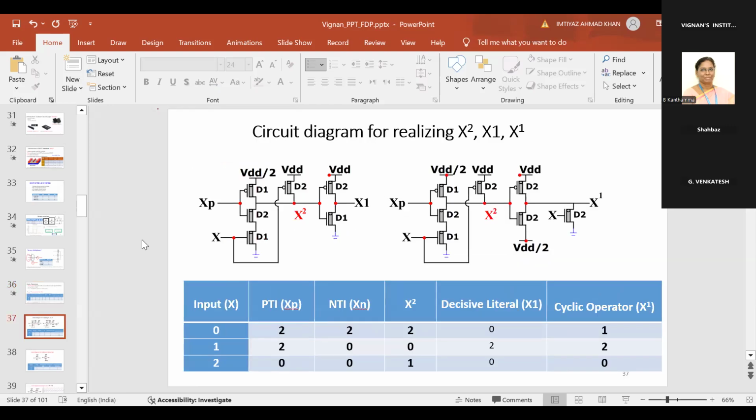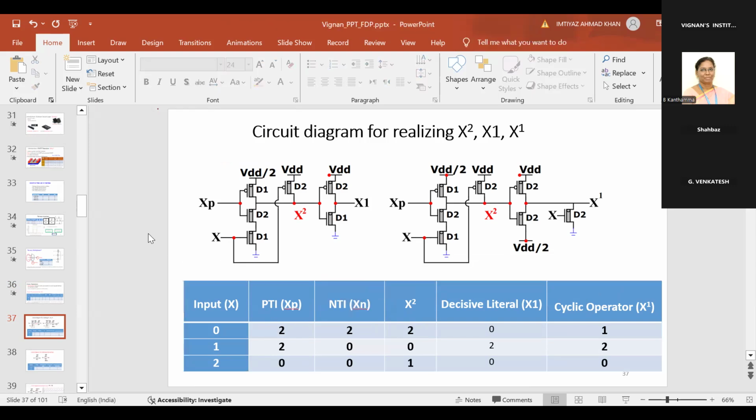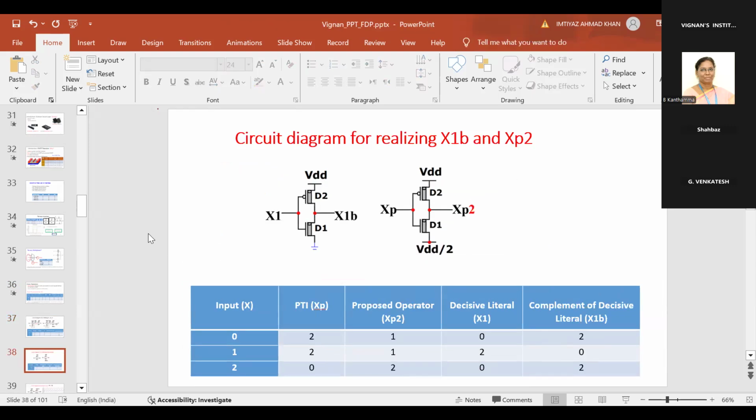Here is the circuit diagram of x2, x1, x. I think it is not necessary to explain, but it uses positive and negative inverters, and x2 from these circuits generates x2, x1, and x1. All things are generated from these values. Why are we using this?